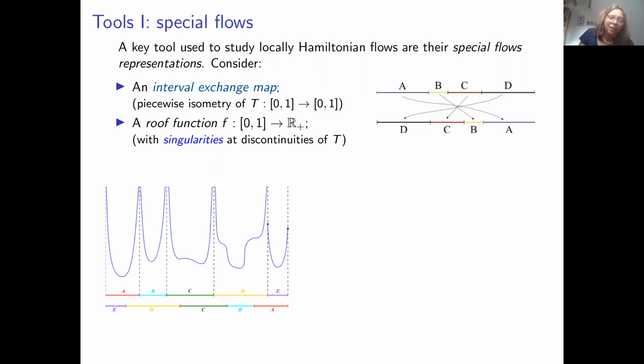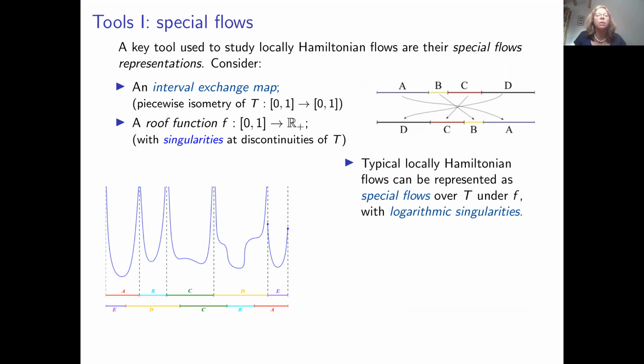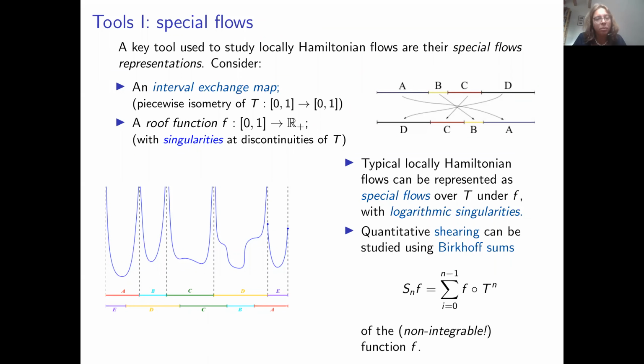It turns out that you can represent this locally Hamiltonian flow as a special flow. You take an interval exchange, and then you take a function which explodes at the discontinuities of your interval exchange. For the typical flow, you need to take a function with logarithmic singularity, so it explodes like a logarithm.